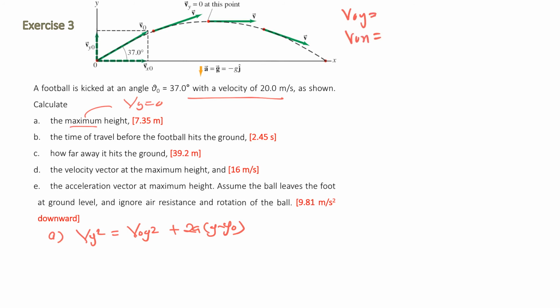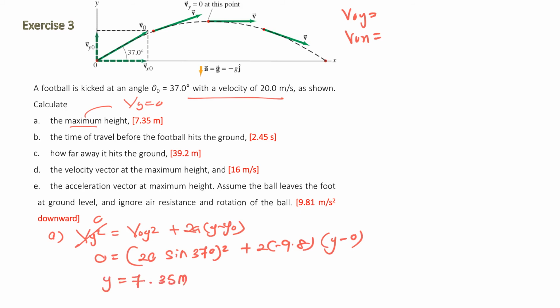Here your Vy is going to be 0, so V naught y is 20 sine 37 degrees squared plus 2 times negative 9.81, because I assume gravitational acceleration is downward, and I'm going to find y minus 0. So supposedly your y, you are going to get 7.35 meter.